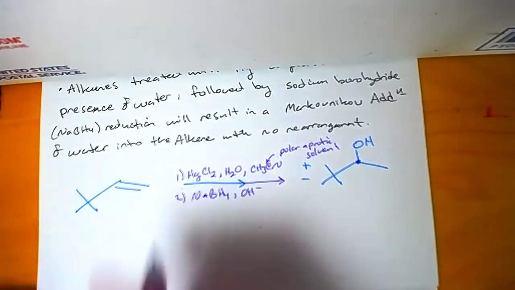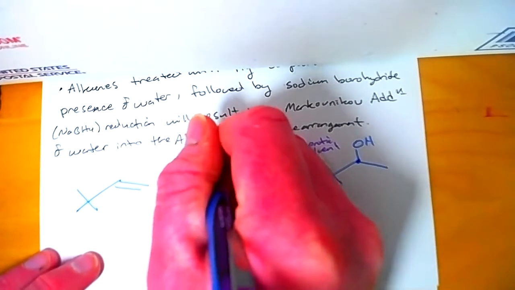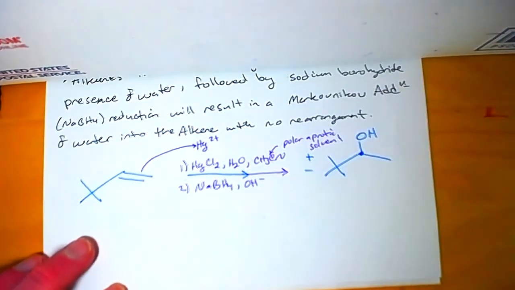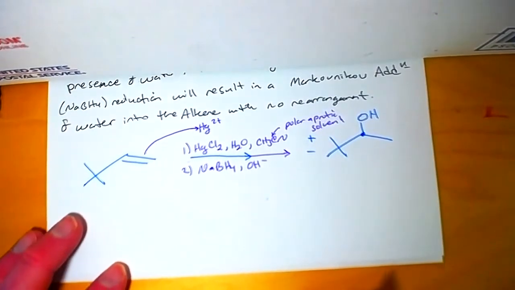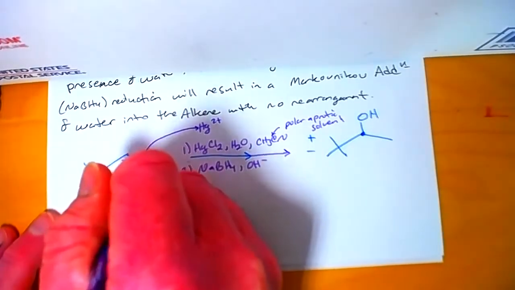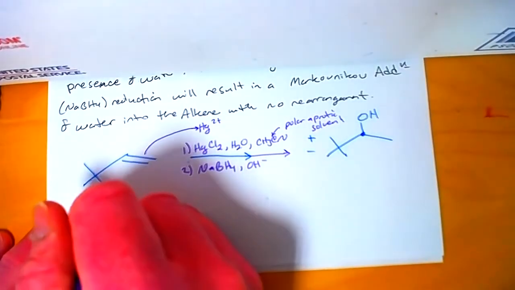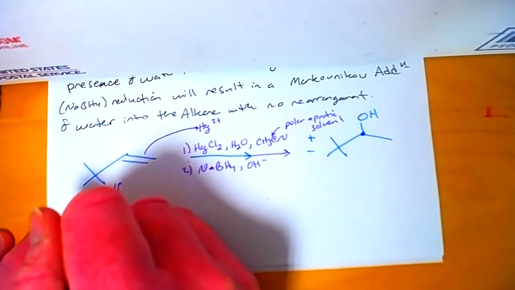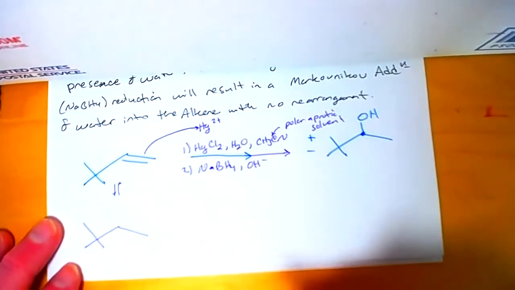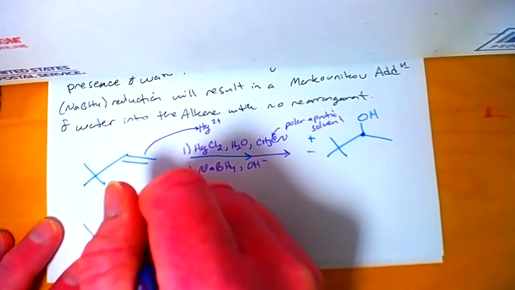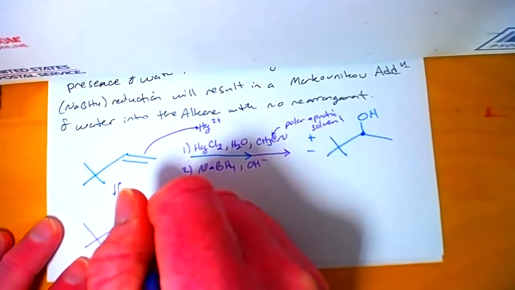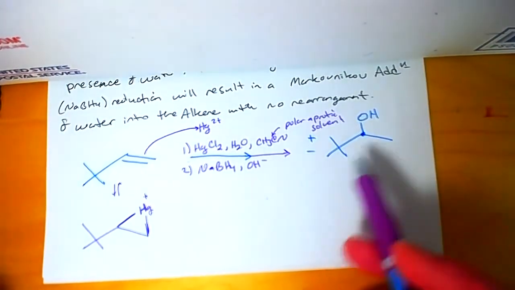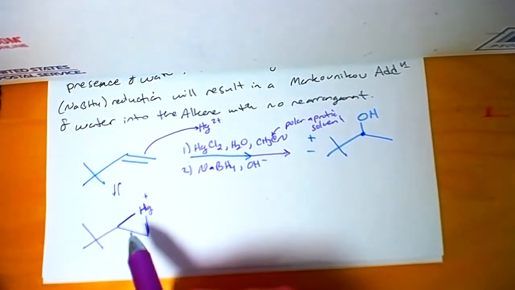Now, the way that this is able to work is the mercury adds into the pi bond in a very similar manner to how halogens add into pi bonds, and so you end up with a mercurinium ion. I'm only going to draw one of these out, but technically there is another one where the mercury is on the bottom face, and that's why you end up with a racemic mixture, but you end up with this species.